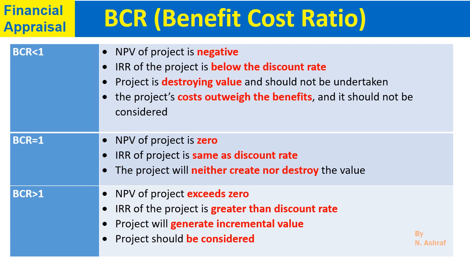It's below the discount rate. The project is destroying value, and we should not consider it, because the costs of the project outweigh the benefits. So we should reject it; we should not consider that investment opportunity.